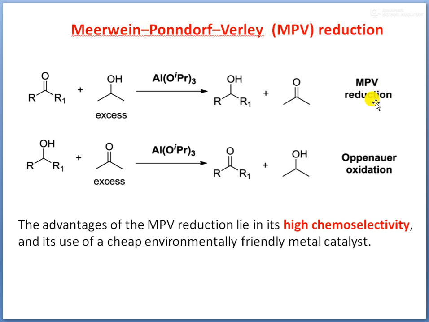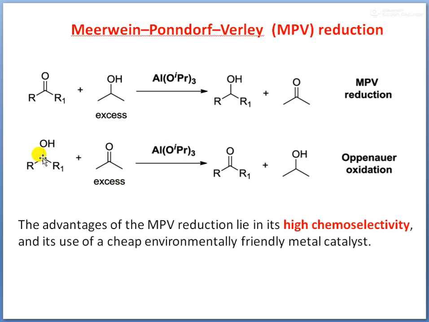As said earlier, the reverse of this reaction is the Oppenauer oxidation. Here you can see an alcohol, which is oxidized to a ketone. We take another ketone as a solvent in excess, and we use the same catalyst, aluminium isopropoxide.